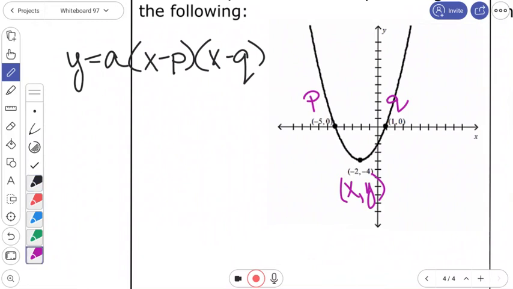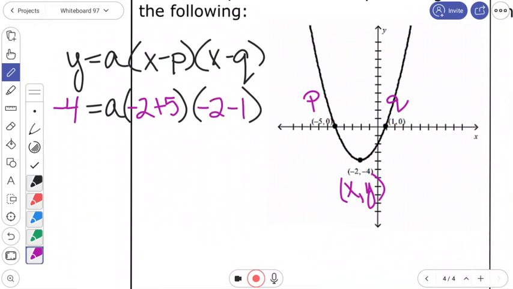Our y value is negative 4 equals some a value that we don't know times (x minus p). So our x value is negative 2. And when I subtract my p value of negative 5, minus a negative 5 really means plus 5. And then when I have x minus q, it's negative 2 minus 1.